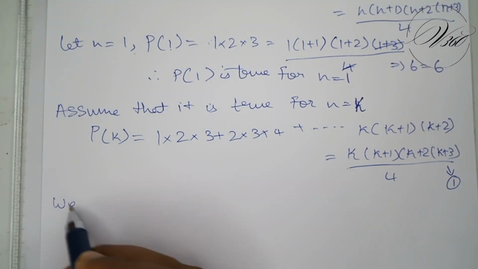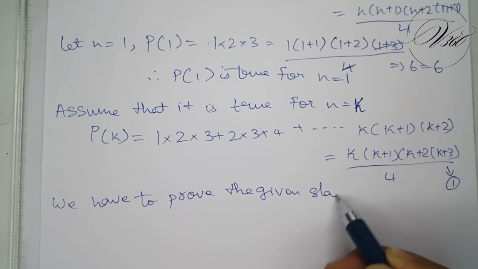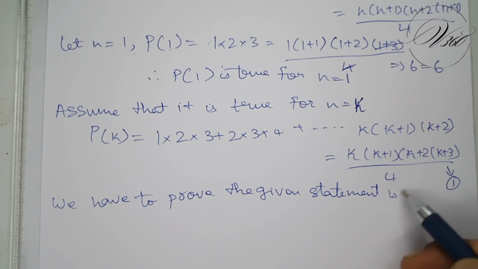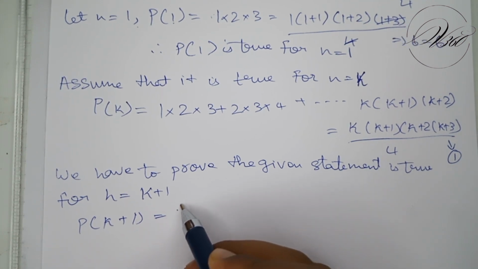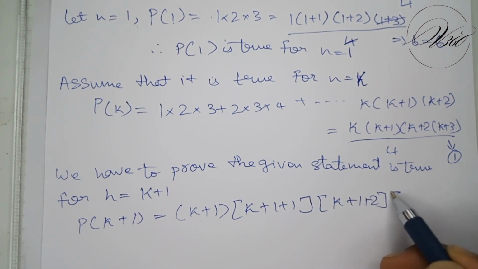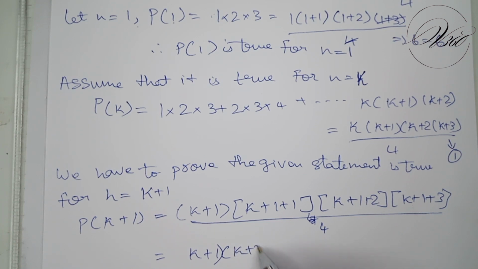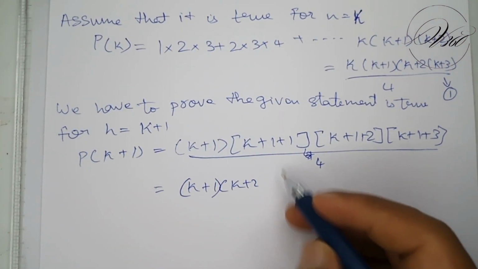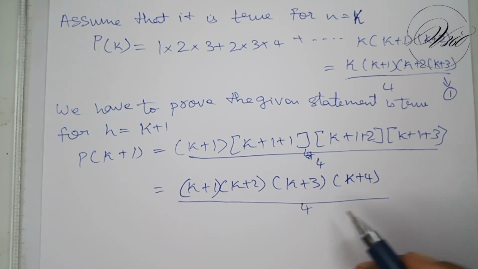We have to prove the given statement is true for n equals k+1. P(k+1) = (k+1)(k+1+1)(k+1+2)(k+1+3)/4, which equals (k+1)(k+2)(k+3)(k+4)/4.